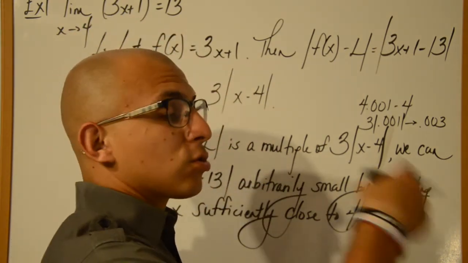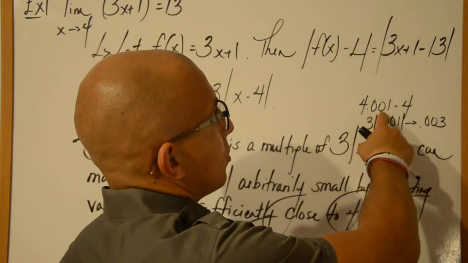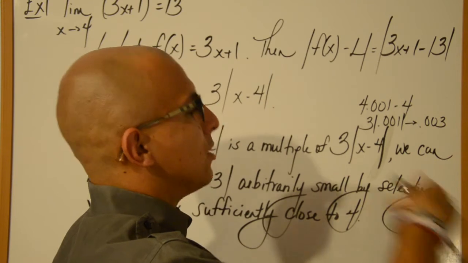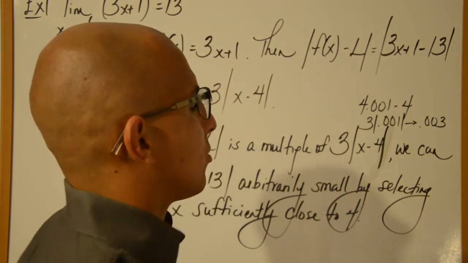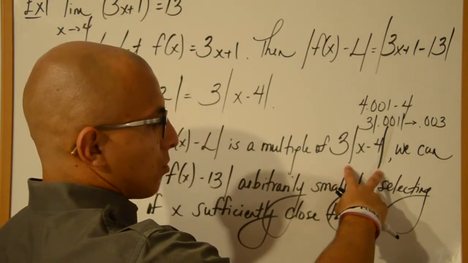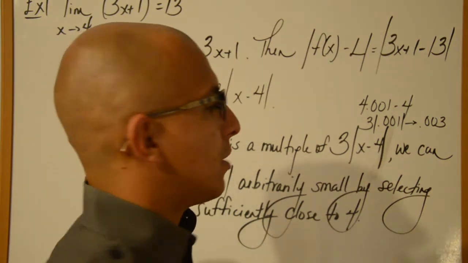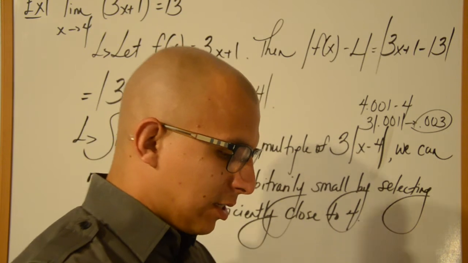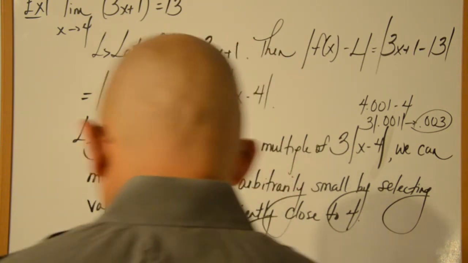Thus satisfying this definition of a limit by allowing it to become extremely tiny. And as we get closer and closer to 4, we could take 4.0001. And on the flip side, we could take 3.999, 3.99999, etc. Since we have an absolute value bracket here, we'll turn that positive, and by doing that multiplication, this value is only going to increasingly become tinier and tinier.